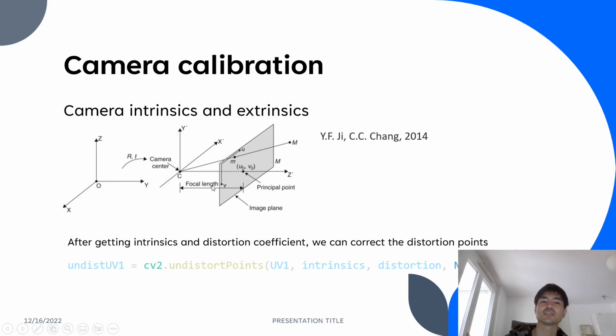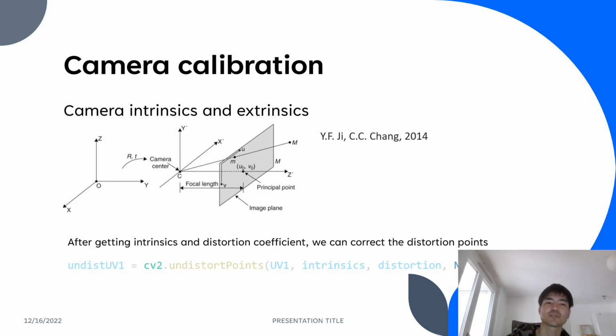This is the distance between the center of the focal point and the center of the camera plane right here. Another parameter we want to know is the principal point, which is the xy point of this plane. It has to be the middle of the plane.